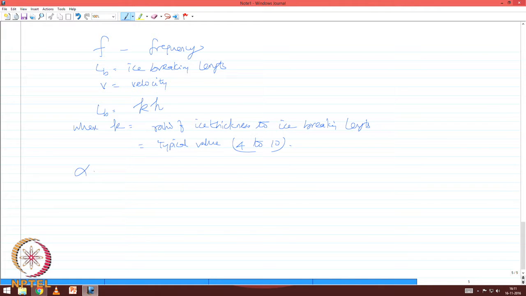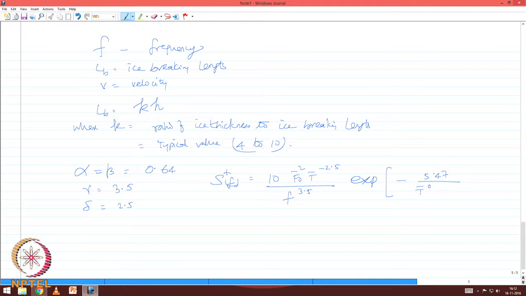Now, alpha and beta are taken as 0.64, nu is taken as 3.5 and delta is taken as 2.5, which makes the spectrum 10 F0 square T bar raised to minus 2.5 by f to the power 3.5, exponential of minus 5.47 by T bar to the power 0.64 and f to the power 0.64.